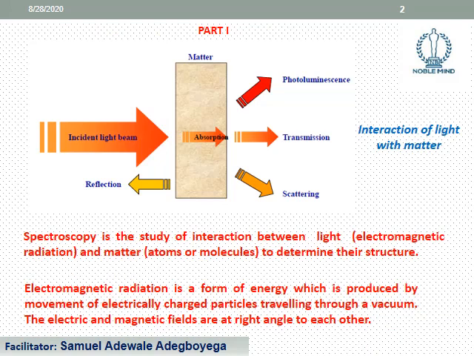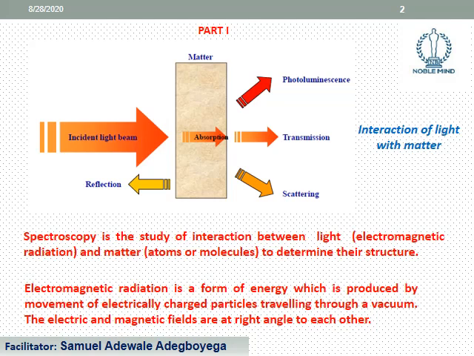Let's look at the figure above. You will see the incident light which was made to pass through matter, and part of the light will be absorbed while part will reflect back.